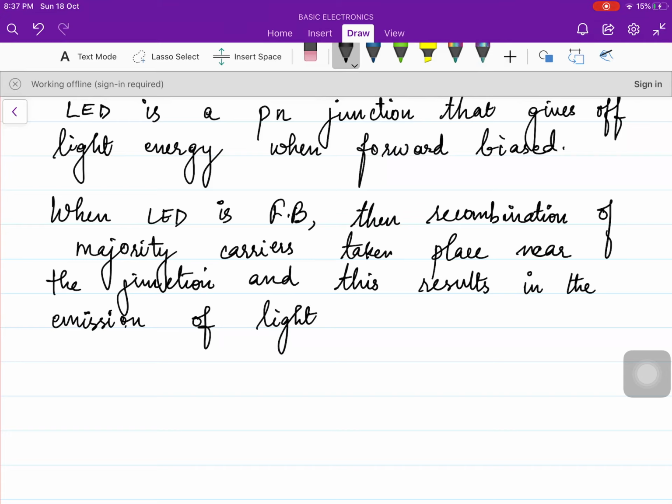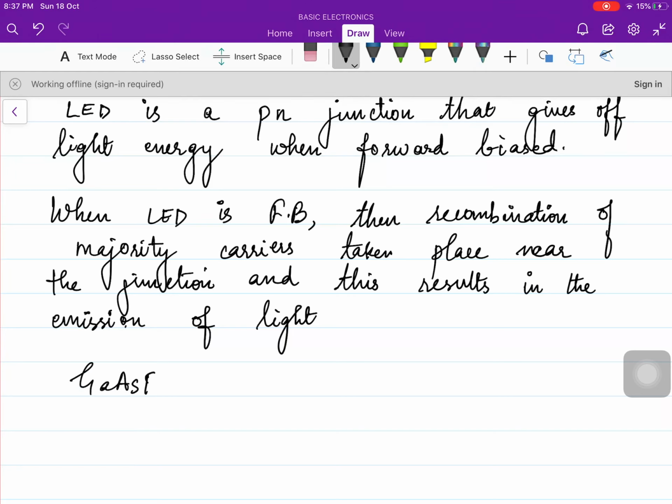If we consider a normal PN diode that is made up of silicon or germanium, then whenever recombination takes place, energy is released in the form of heat. But in the case of LED, we are not going to make the LED of silicon or germanium, because in that case, on recombination, the energy is released in the form of heat. So in the case of LED, we must use a suitable material so that on recombination, light energy is released.